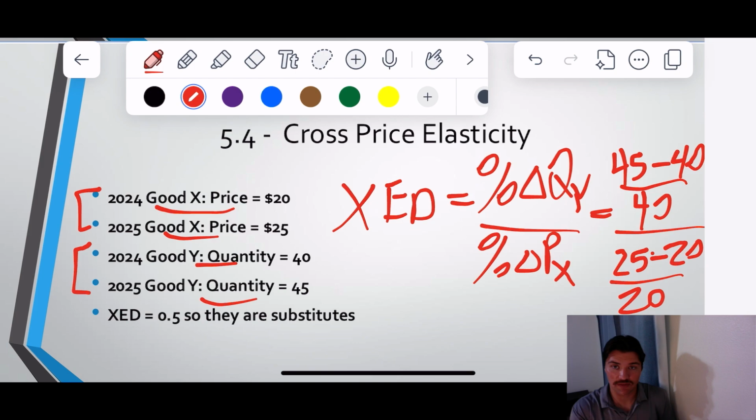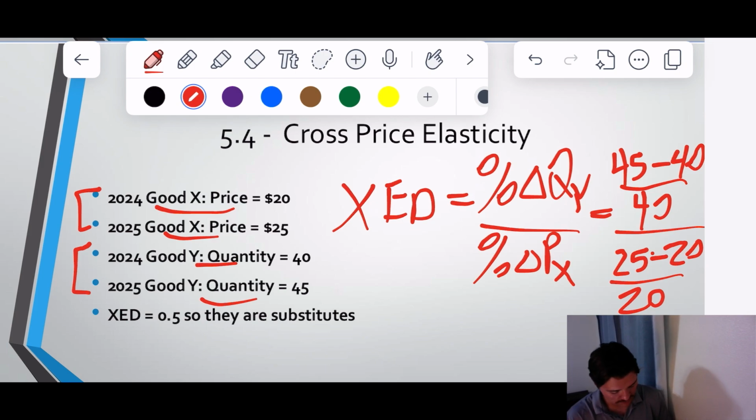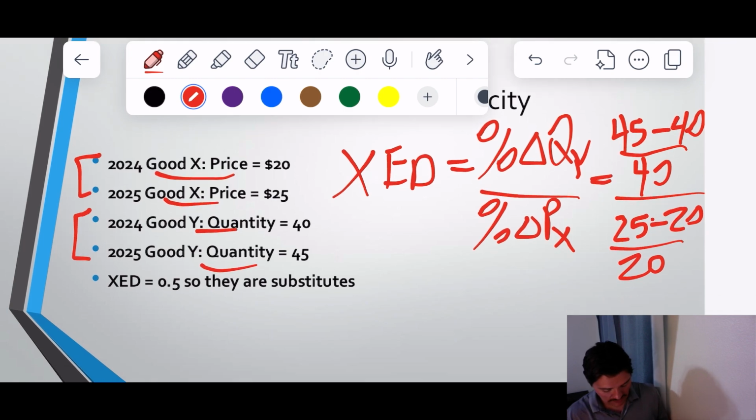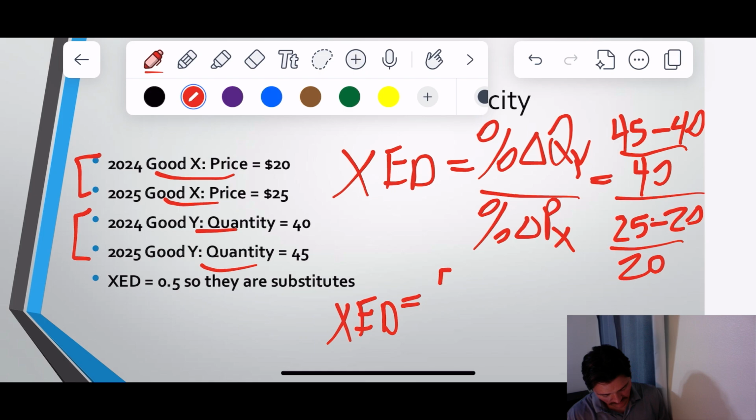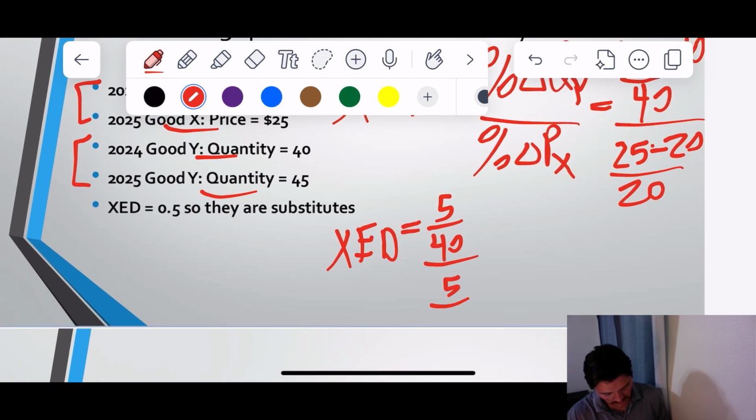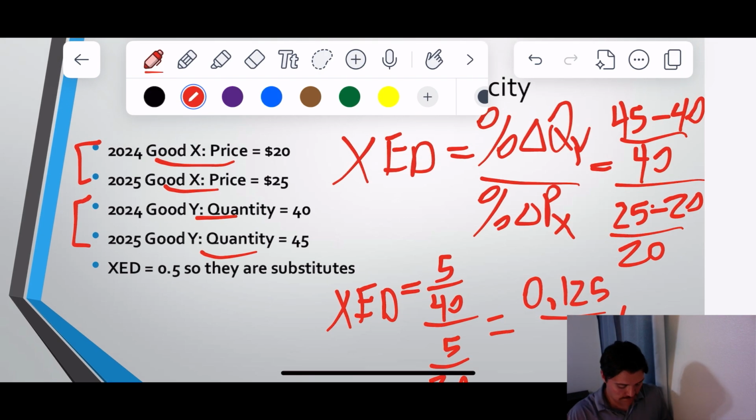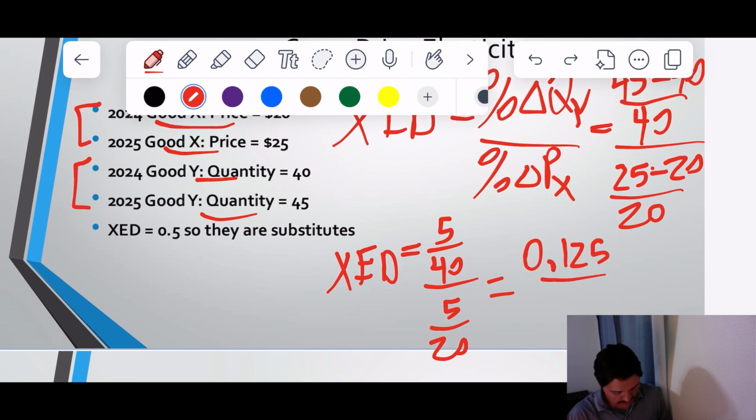We're doing the same thing as all of the other calculations we've done in terms of percent change. All right? We'll just work top down. So the cross price should be 5 over 40 and 5 over 20. If you were to do this in your calculator, you would get 0.125. And it's very important that you follow if you have negative numbers, but we do not have any negative numbers here.